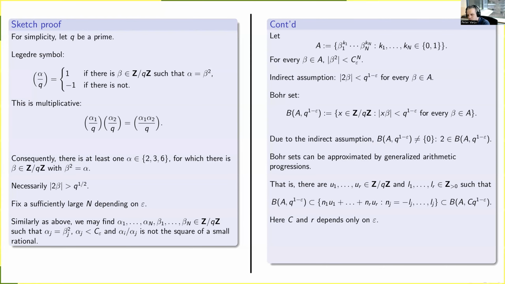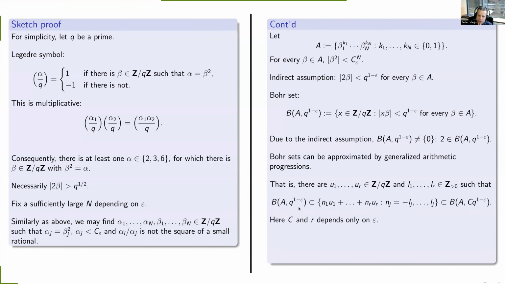But what is not so standard is that usually this is applied with a radius which is much bigger than what I have here. It's more typical to apply this with a small constant times q. But there is a nice feature when you apply it with a small radius like this, so that I'm having q to the minus epsilon saving over the maximal size q.